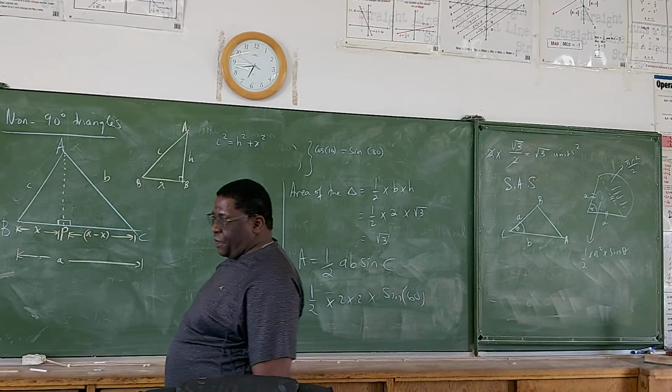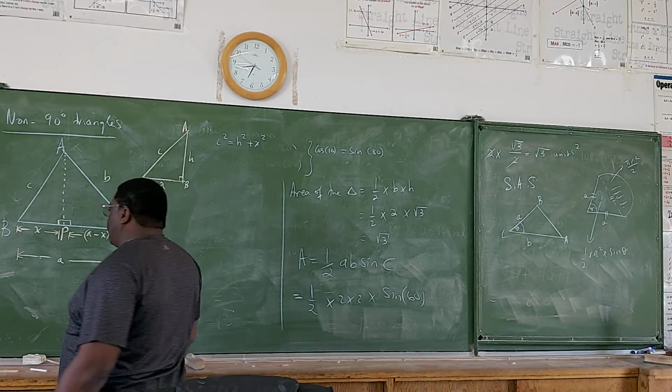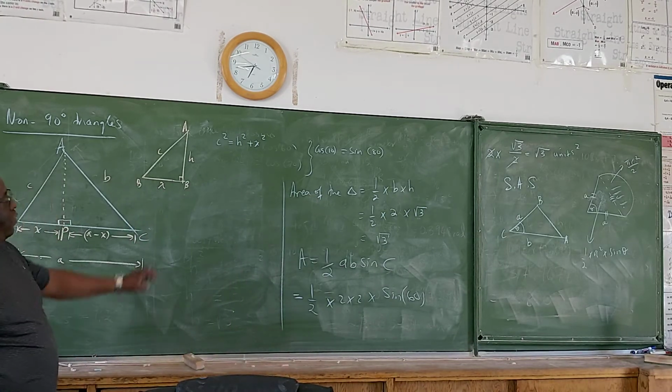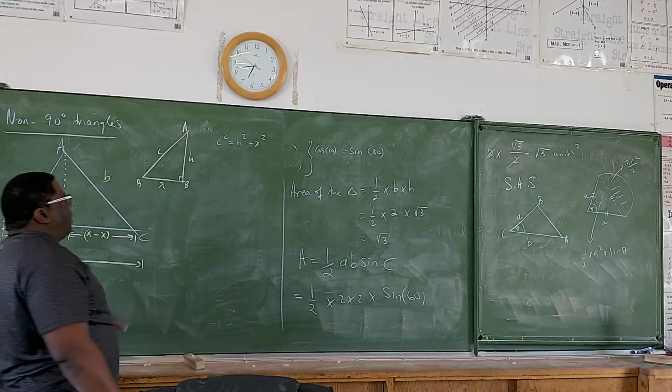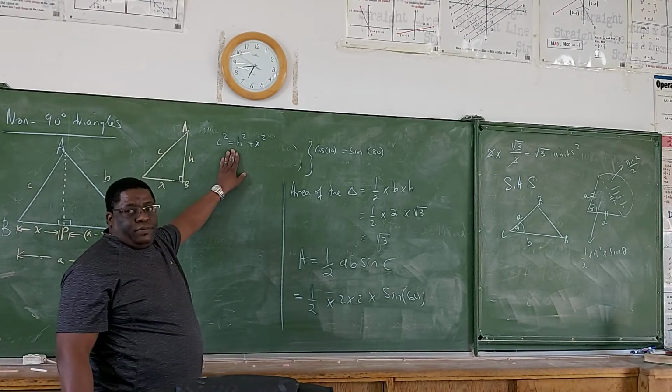You with me? Or even if I want to, let's say I want to find H. You understand that? Okay. But I'm going to leave it like that for now.